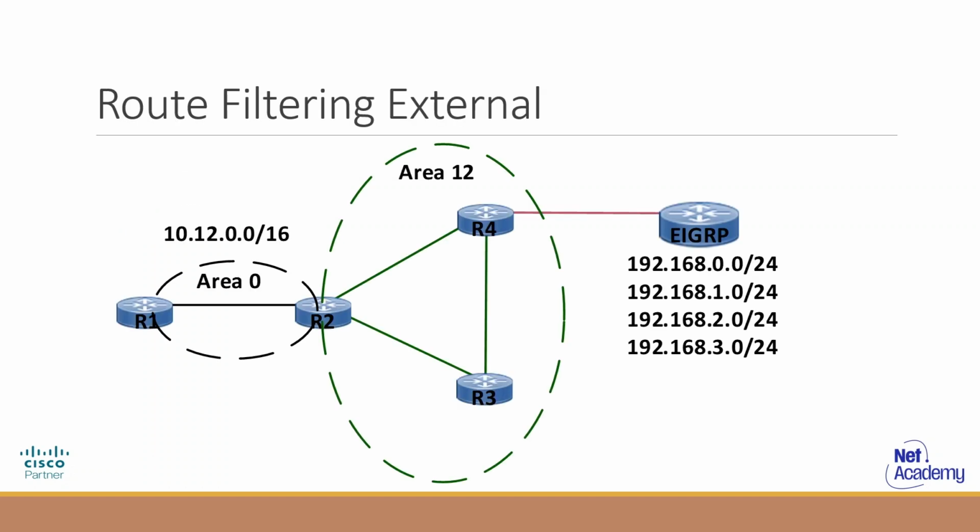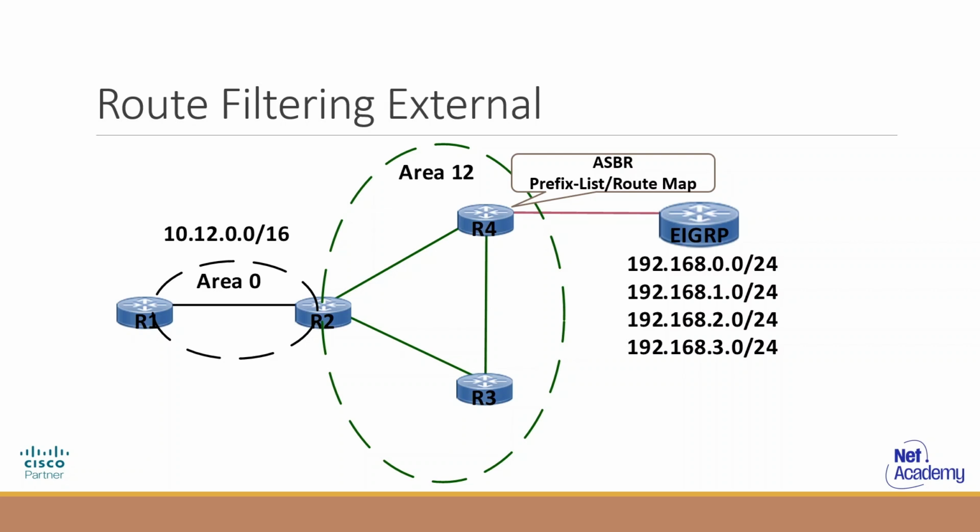So route filtering externally. This is probably the most straightforward and the easiest. It makes the most sense. Effectively, when you do external route filtering, the filtering happens on the ASBR. Typically, we define a prefix list to match the prefixes that we want to allow in. We set up a route map.